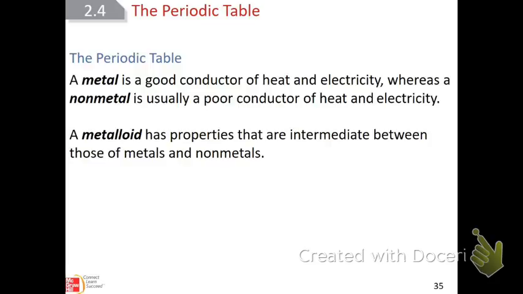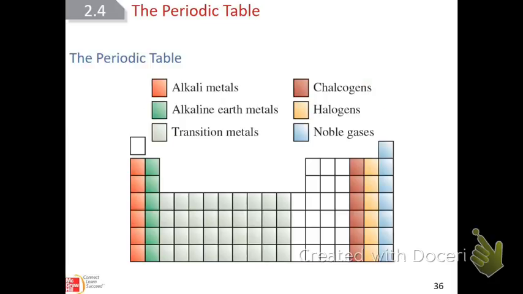Okay? And then the other most important thing that you need to know from this section is, I really do want you to know the important families from this section, and that would include the alkali metals, which are on the far left side of the periodic table.